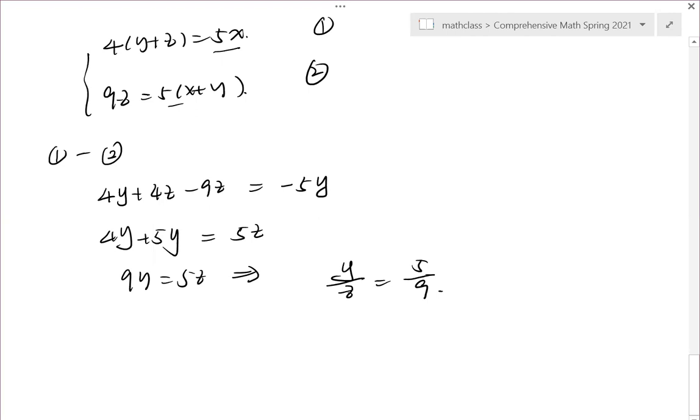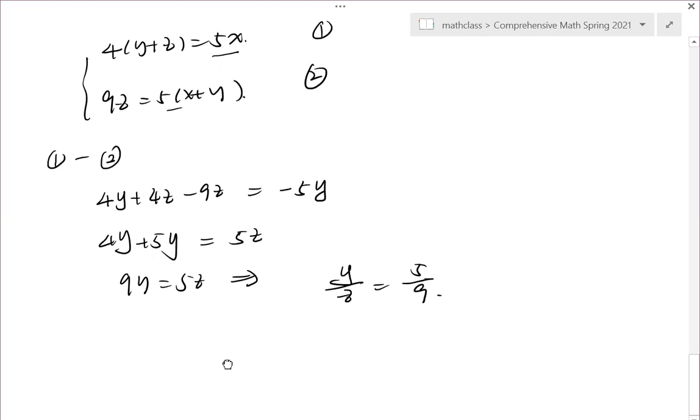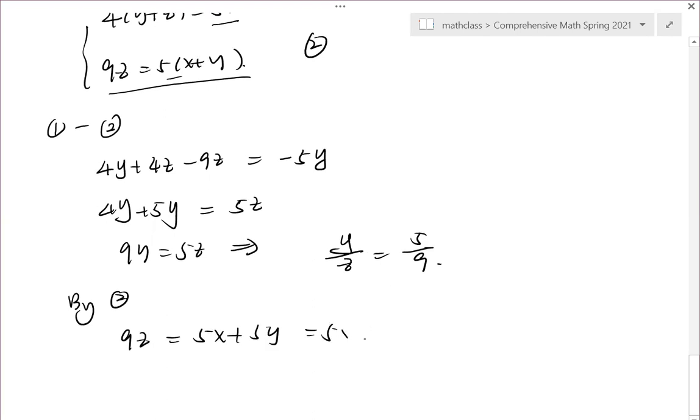Right. So once you get that, then you can find the relationship between x and z, using the second equation. It's a little bit complicated. It's 9z equals 5x plus 5y. And since y is 5z over 9, you have to multiply by 5 because there's a 5y.